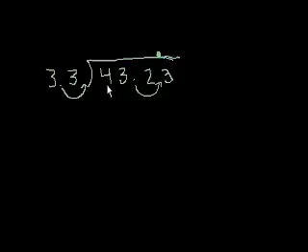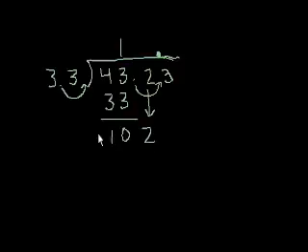33 goes into 4 zero times. 33 goes into 43 one time. That's easy. 1 times 33 is 33. Do the subtraction. 43 minus 33 is 10. Bring down this 2. 33 goes into 102.